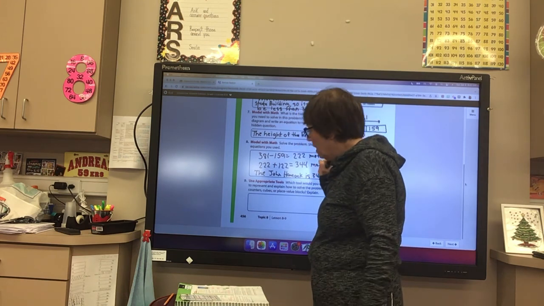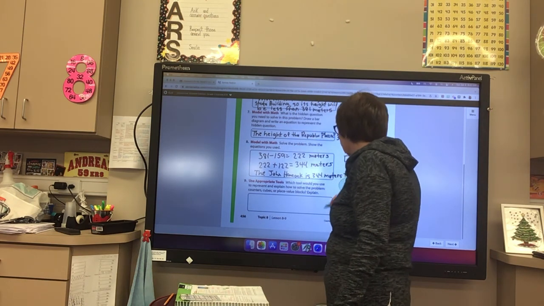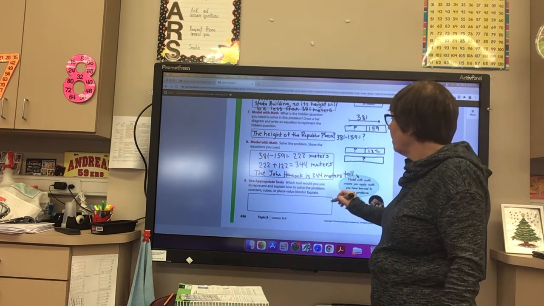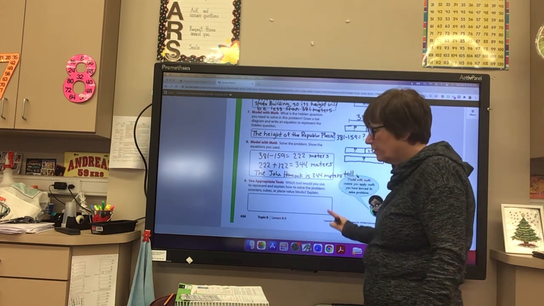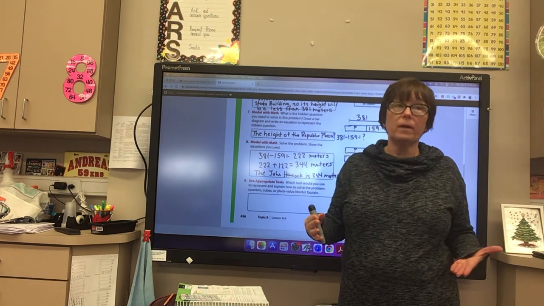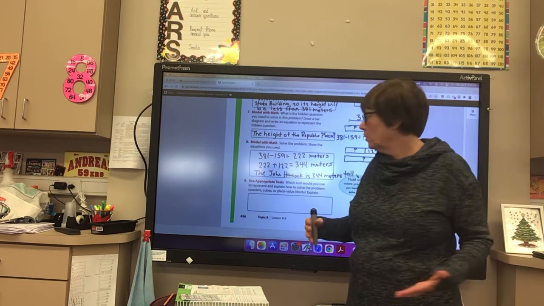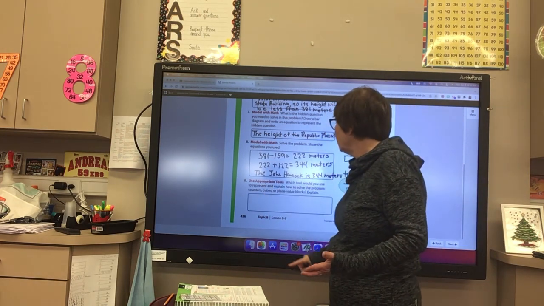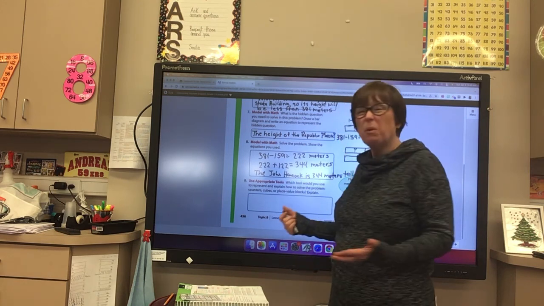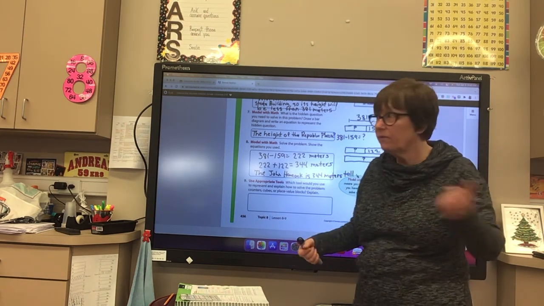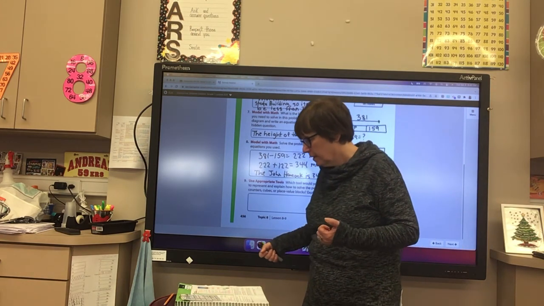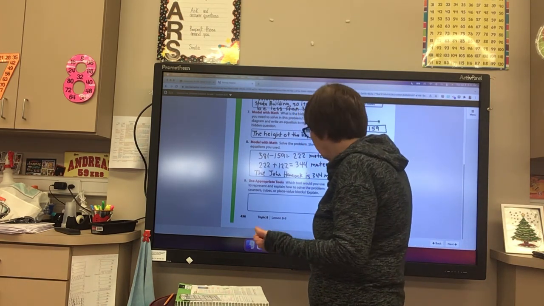Okay, and so now, boys and girls, which tool would you use to represent and solve the problem? So if we wanted to show all these things, what could we use to show it? We could use counters, cubes, or place value blocks. What would be the best? Because we're working in hundreds, place value blocks. That's what I would use.